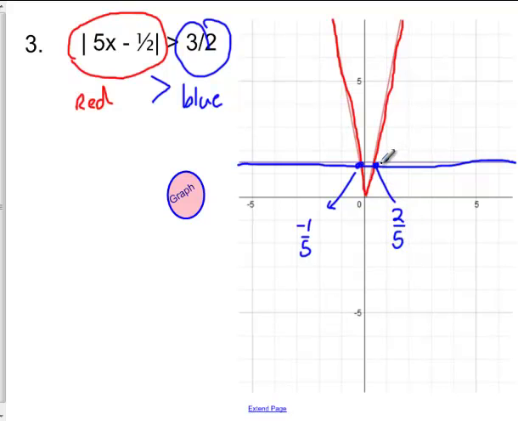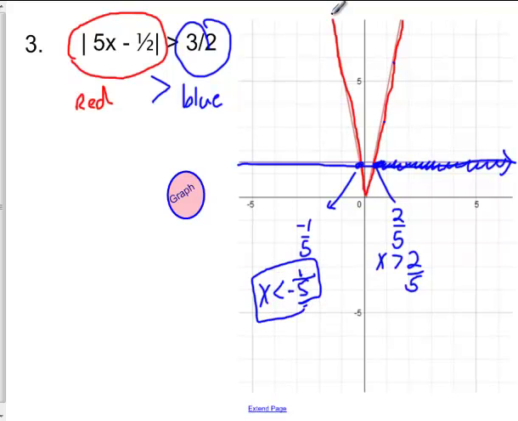And see, from here on in, the red graph is above the blue graph. So anything greater than 2/5 gets the red graph above the blue graph, and anything less than negative 1/5 gets the red graph above the blue graph.